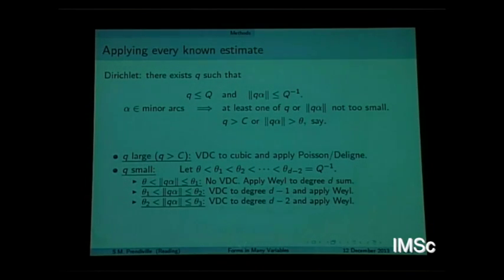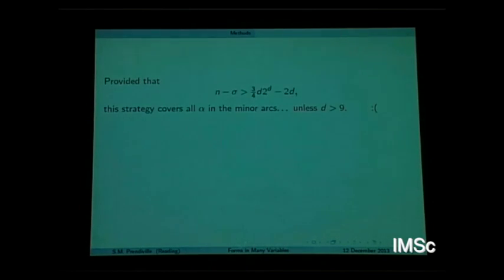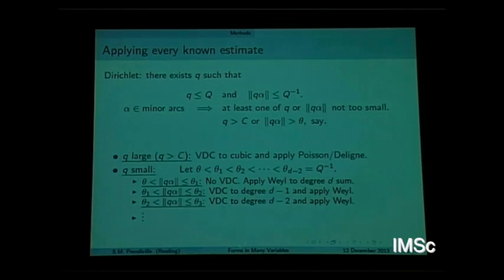So in the next interval along, Van der Corput difference twice, then we estimate our degree d minus 2 exponential sum using Weyl's inequality. Continue iterating this until you get to the last interval, and that's when we Van der Corput difference back down to a cubic, as we did in our main case. But now we don't apply Poisson-Deligne, we apply Weyl's estimate to a cubic exponential sum.